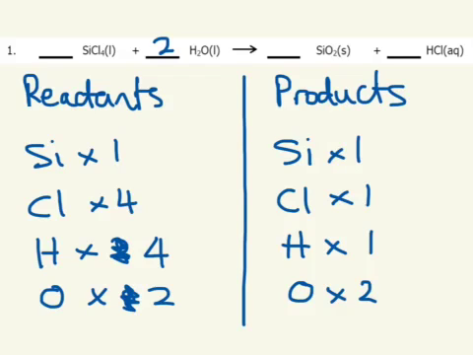Whenever I put a number in front, I have to multiply everything by that number. So my oxygen is fixed.